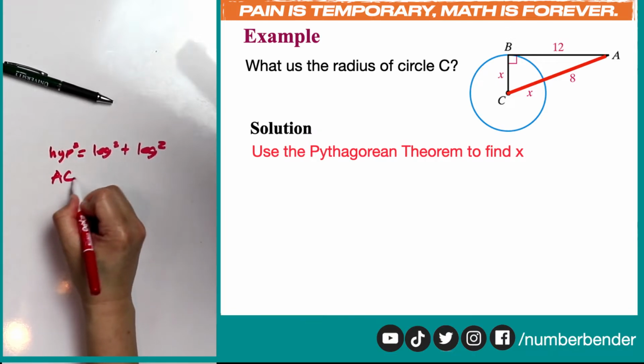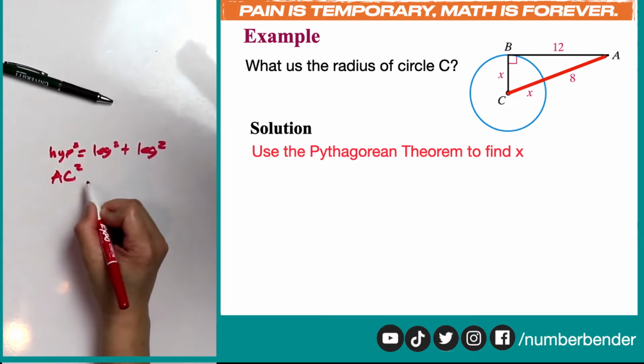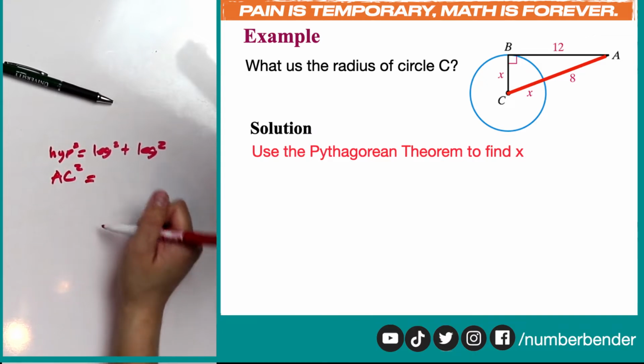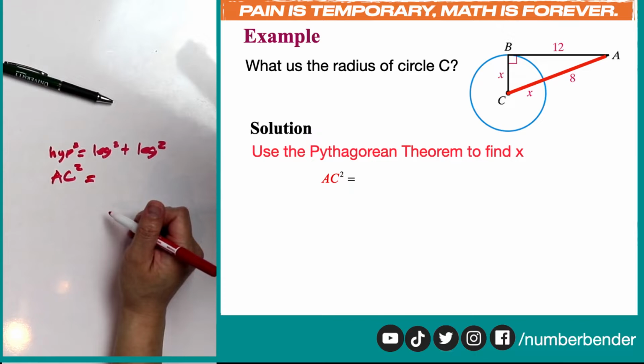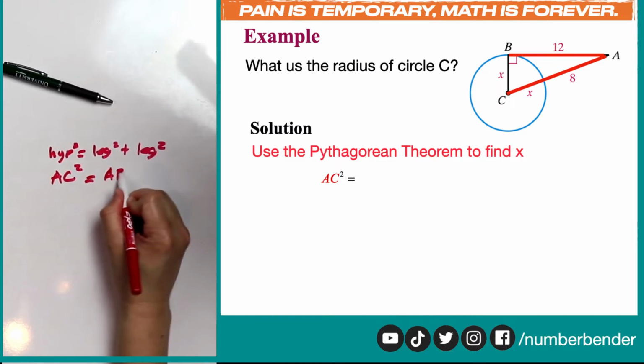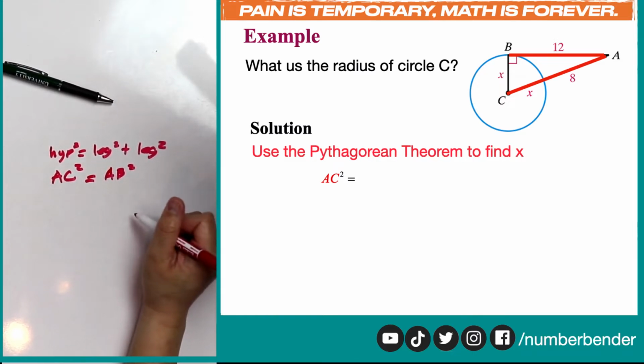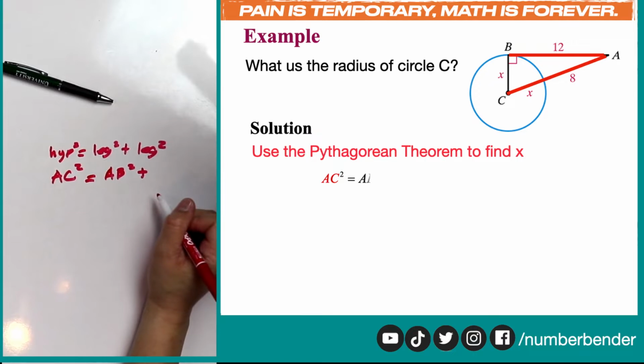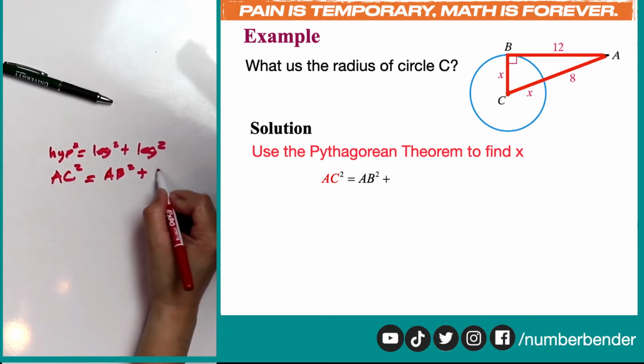So line segment AC is our hypotenuse, and we're going to square it to start our Pythagorean formula. Now, the other leg that we can use is leg BA or AB, and this will be our first leg, and we will add it to the other leg in this right triangle, which is line segment BC.